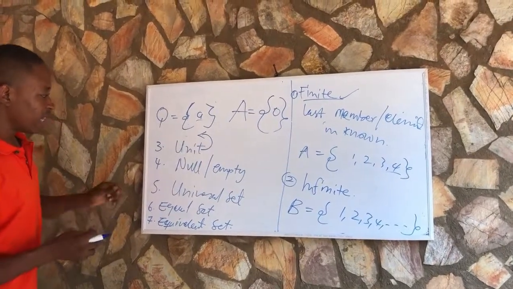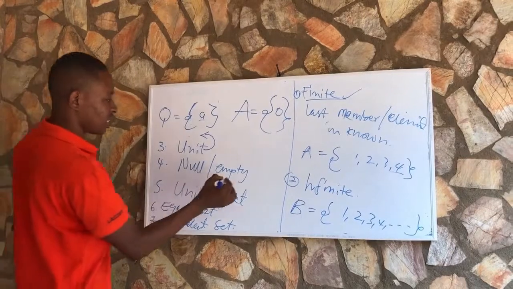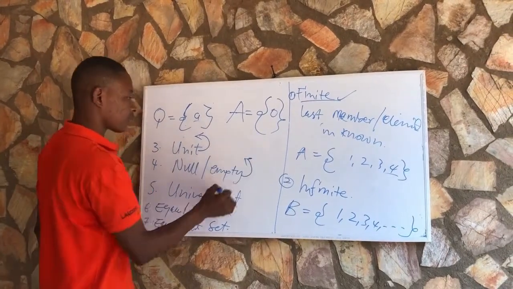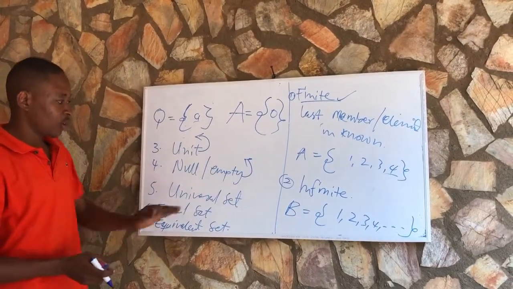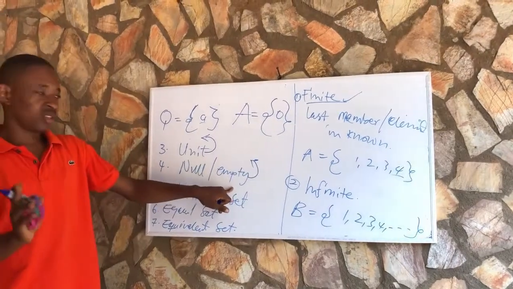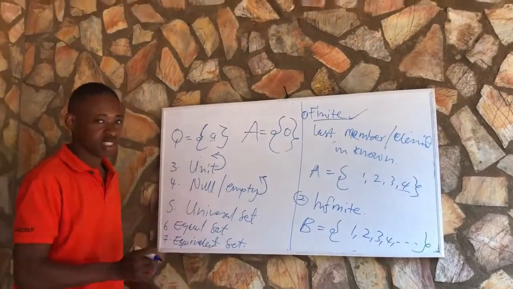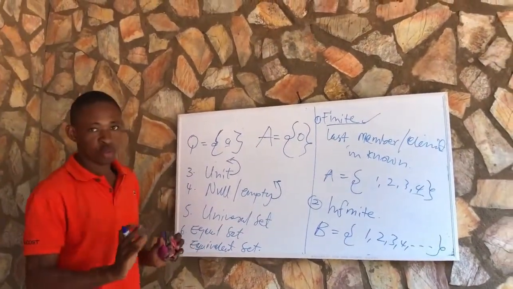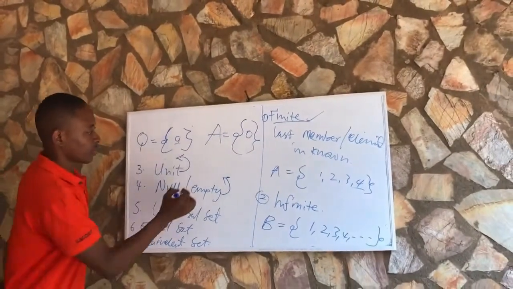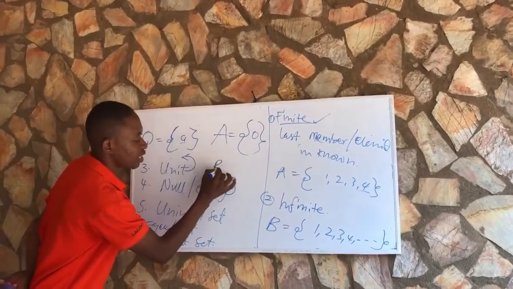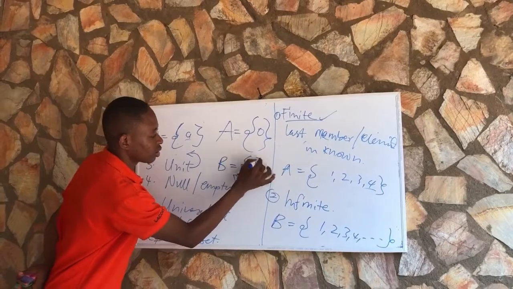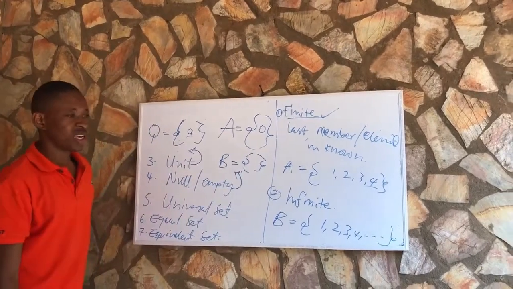So let's go to the next type of set, that is null set. A null set or an empty set, as the name suggests, is a type of set with no element or member. So for example, the set B equals just an empty curly bracket.